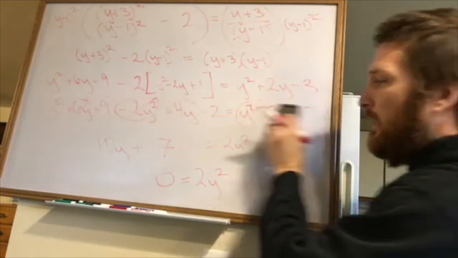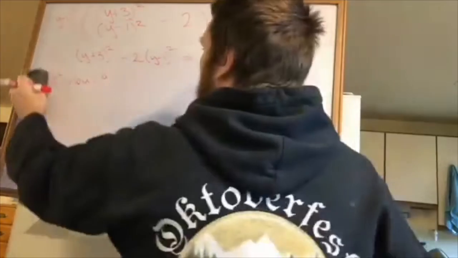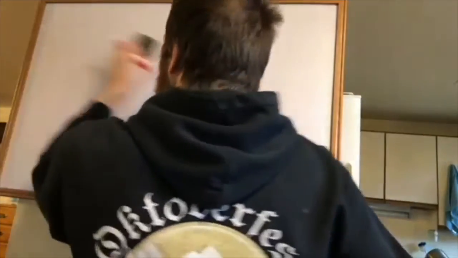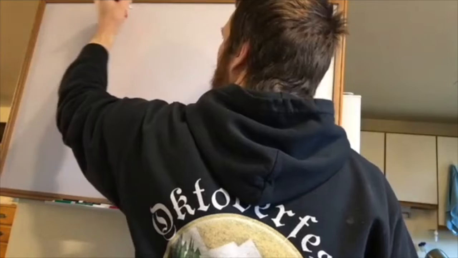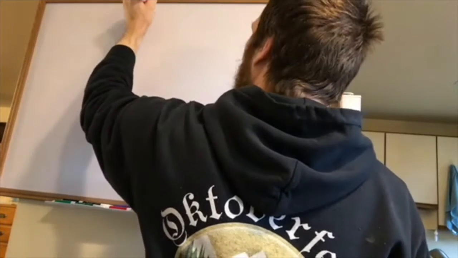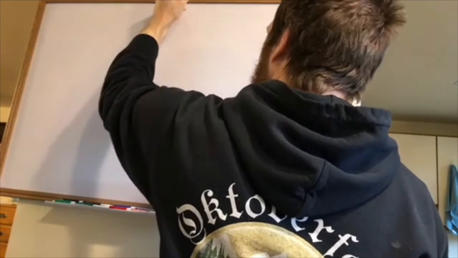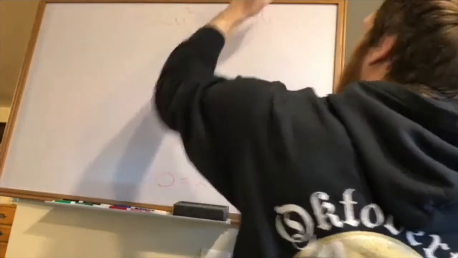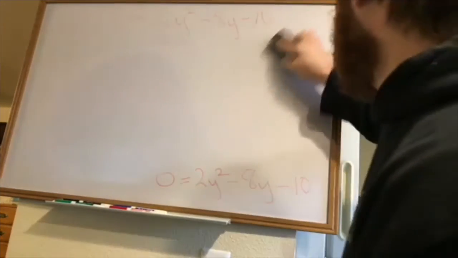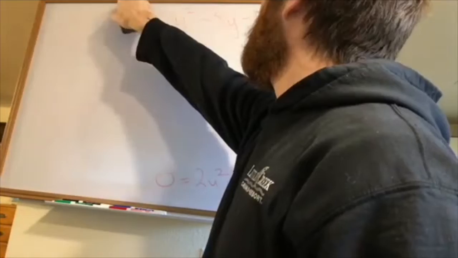I'm going to go ahead and erase our previous work. And now we're going to say, all right, so this is the equation we're working with now. The original equation is equivalent to this, -8y -10. Now, what would you like to do to solve this guy?